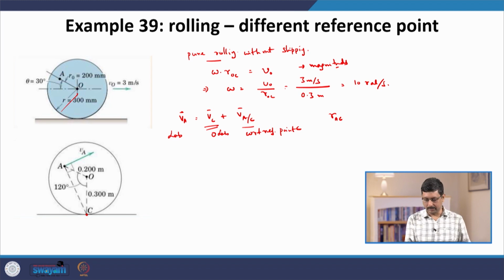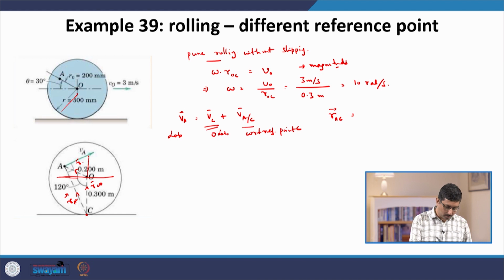Now, how much is AC? Let us first get that. From this picture, if we draw a line here, we can estimate this AC using vector analysis. Let us call it RAC. So, this is the vector RAC, which is the vector RCO plus the vector ROA.